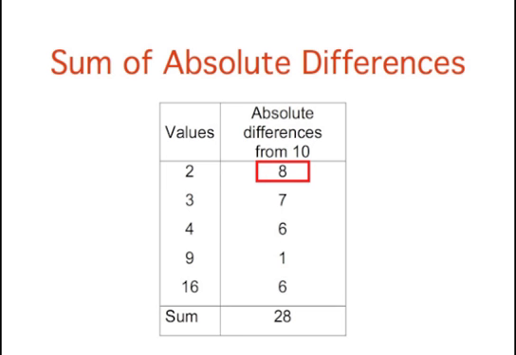The first row of the table shows that the absolute value of the difference between 2 and 10 is 8. The second row shows that the difference between 3 and 10 is 7, and similarly for the other rows. When we add up the five absolute differences, we get 28. So the sum of the absolute differences from 10 is 28.